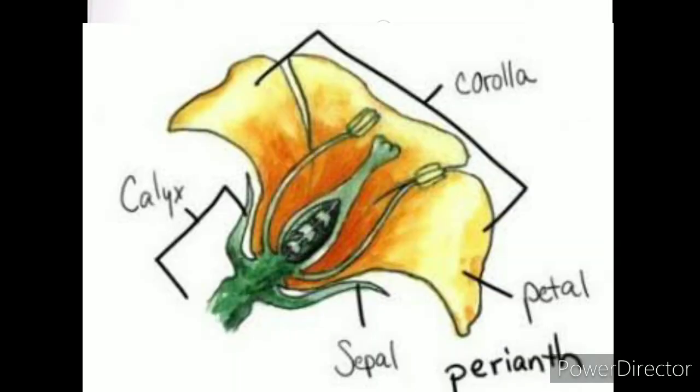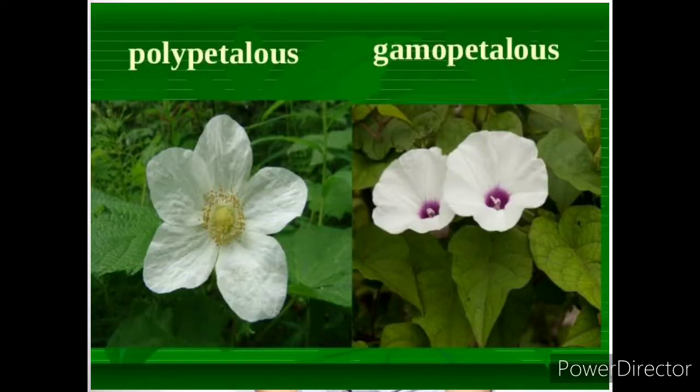And the corolla is composed of petals. They are usually brightly colored. Then cohesion of petals. They are also termed as polypetalous and gamopetalous. When the petals are free, it is termed polypetalous. When the petals are united, it is termed gamopetalous.